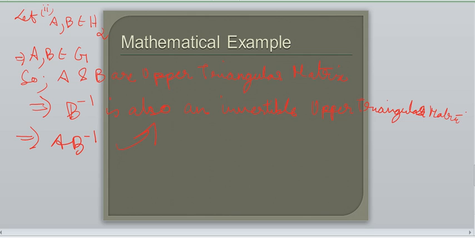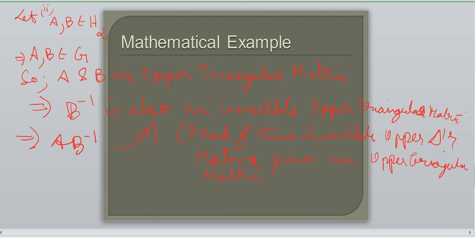So the product of two invertible upper triangular matrices gives an upper triangular matrix. Okay, so they do give an upper triangular matrix.